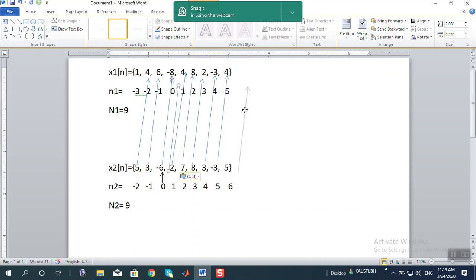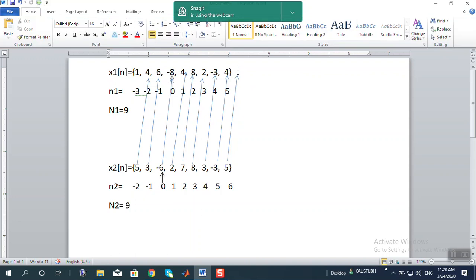Then this 5. There are no further samples available here in x1, so what you have to do is put a 0 over here. Similarly, for this 4 and this 1, there is no such signal, so here also we have to put a 0 at the leftmost.